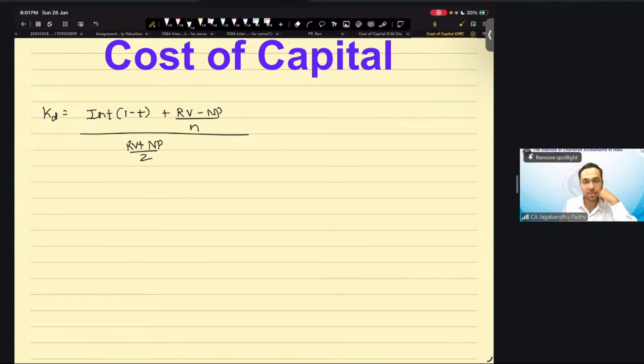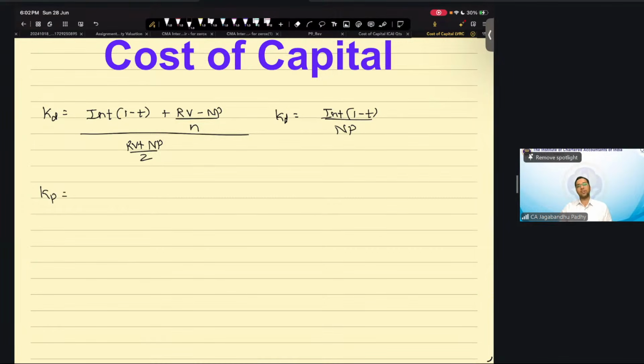That's the redeemable instrument cost of debt. If it is irredeemable, then the cost of debt is simply interest into 1 minus T upon net proceeds. Okay.